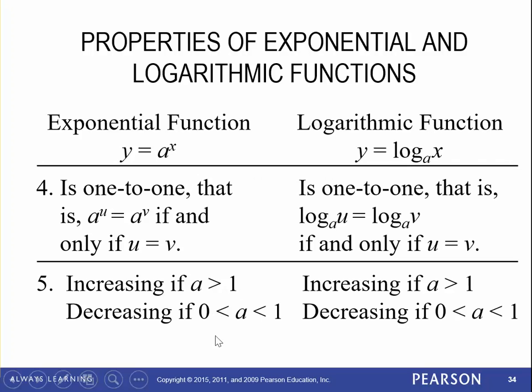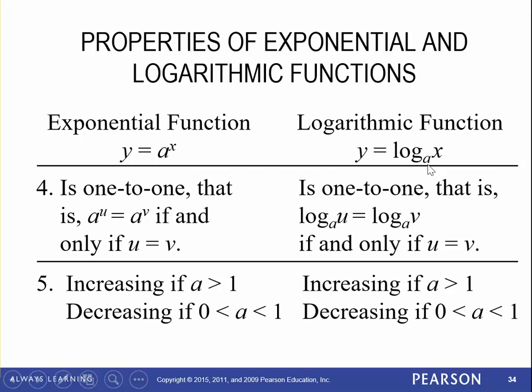Alright, and then some increasing, decreasing things here. Increasing is a greater than 1. That's what happens to exponential functions. It's all about this a here. If a is bigger than 1, it is forever increasing. If a is between 0 and 1, it is forever decreasing. And then similarly here, because this base really is this base down here, it's the same exact value there.